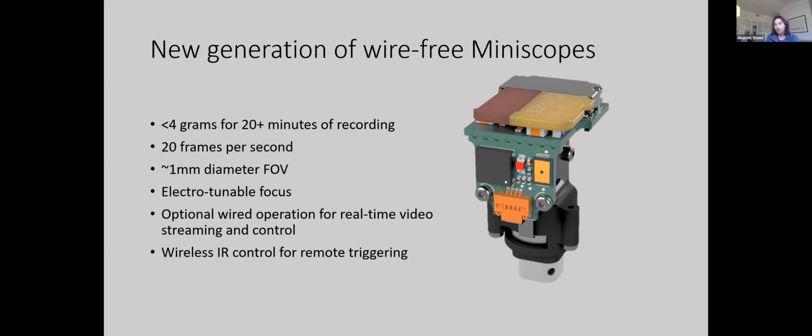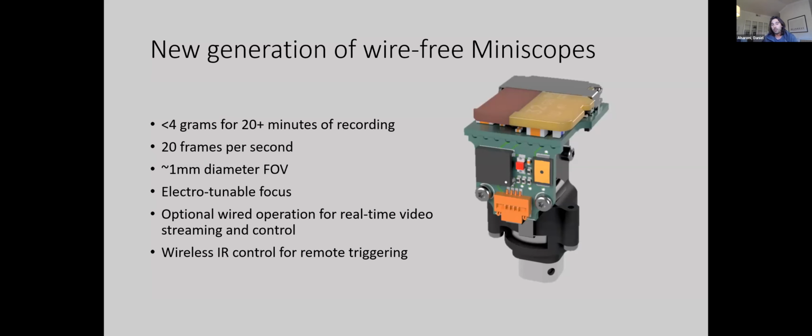So with the previous generation systems, the general workflow would be that you would attach a wired miniscope to your animal, figure out how bright the LED needs to be, if you need to increase the gain of the image sensor, and then you effectively transfer those parameters to the wire-free version. Because it's not wireless, we're not streaming a video stream off the animal in real time. So you kind of are going into it blind.